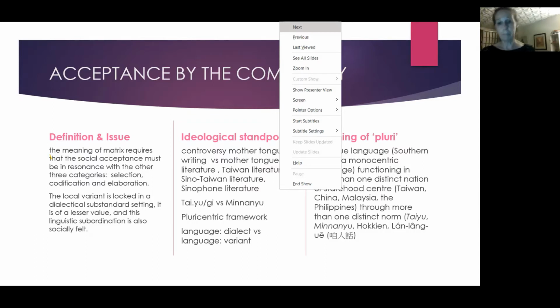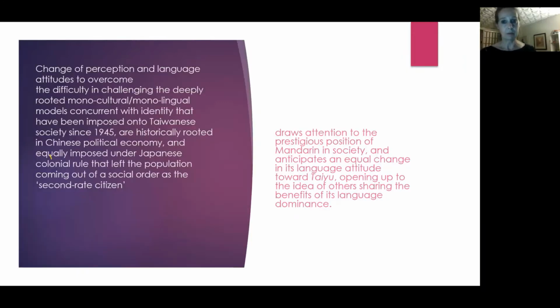Next slide. This is easier said than done, because to start thinking in language versus variants, and another term we can use is topolect, it requires a change of perception and language attitudes to actually overcome.